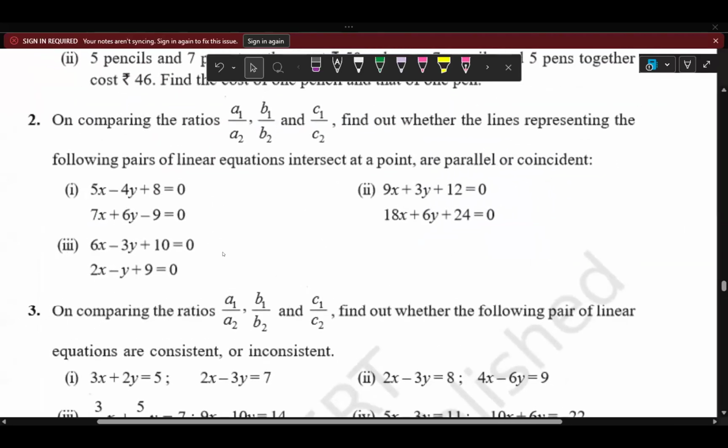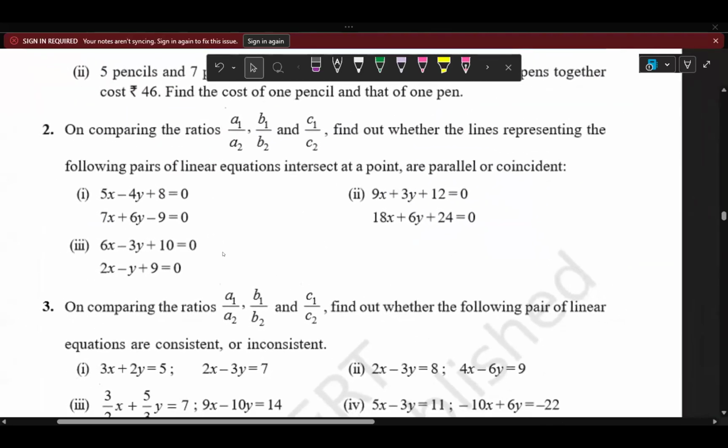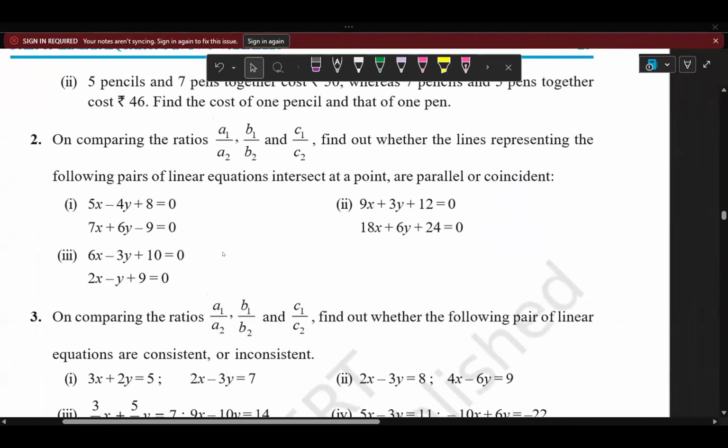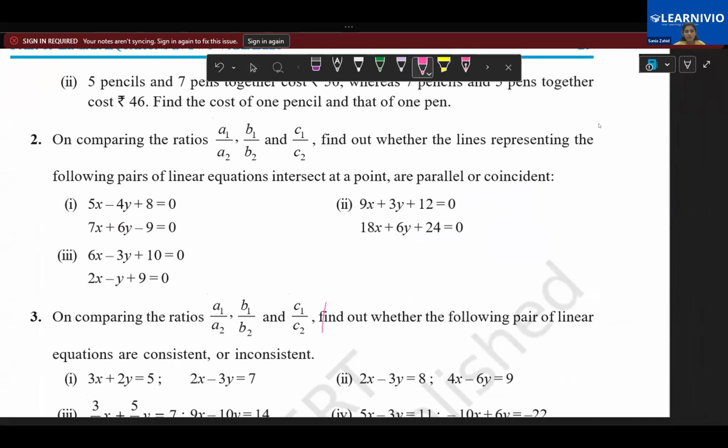Just come to this one. Okay. See now, what this question says is that on comparing the ratios of A1 by A2, B1 by B2, and C1 by C2, find out whether the lines representing the following pairs intersect at a point or are parallel or coincident. So A1 upon A2 is how much? 5 by 7. B1 upon B2 is minus 4 by 6.